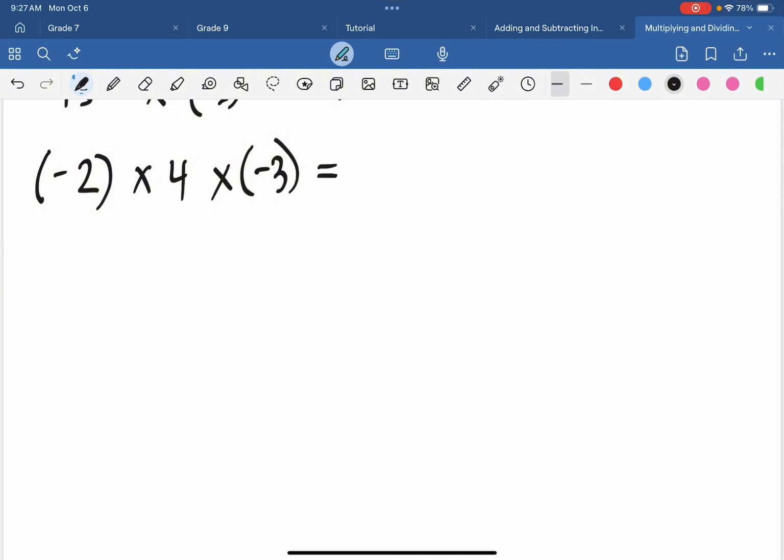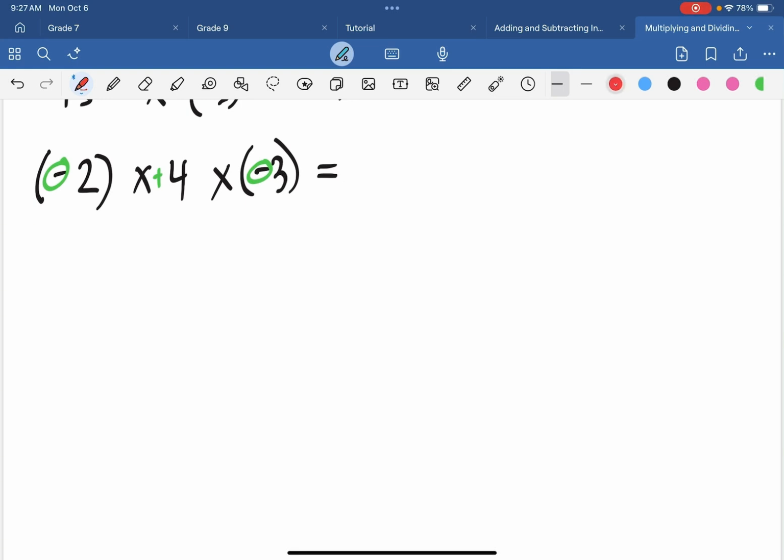Although there are 3 terms here, we just need to remember to be cautious of the sign, because in an operation of signs, if one is wrong, then everything is wrong. So we need to recognize here first, we have a negative, a positive, and a negative. So negative times positive is negative, and negative times negative is positive.